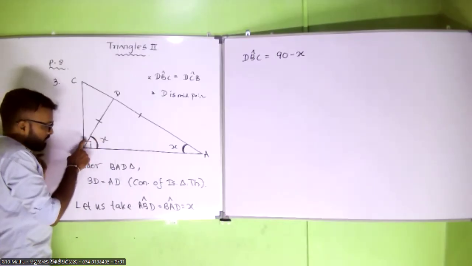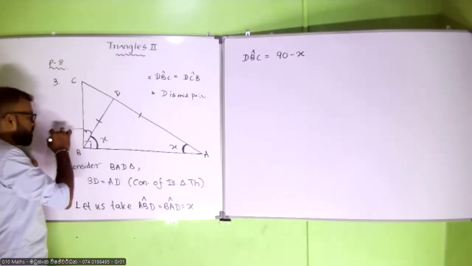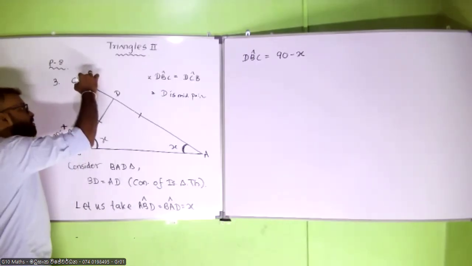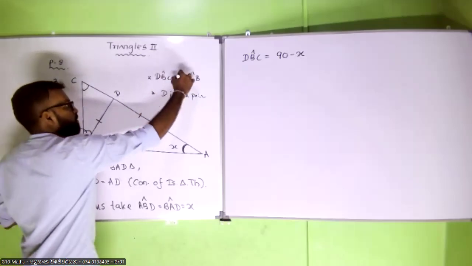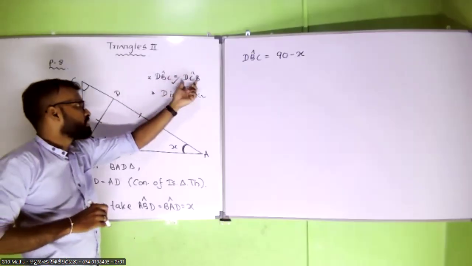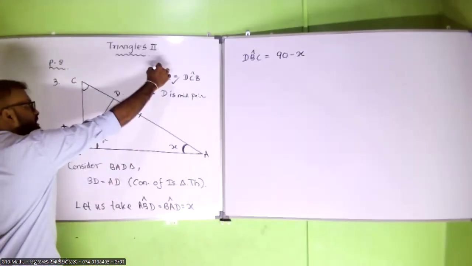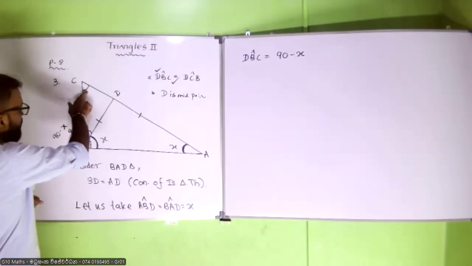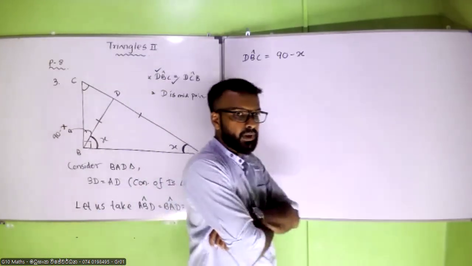This is X, this is 90, so this is 90 minus X. Now, if I show this DCB angle is also 90 minus X, this is done. Then we can finally conclude DBC equals DCB. Alright. Now I have shown DBC equals 90 minus X. So now I need to find a way to show this one is equal to 90 minus X. So how am I going to show that?